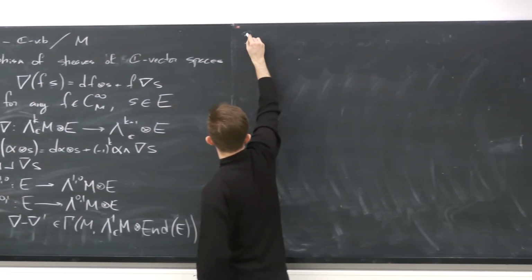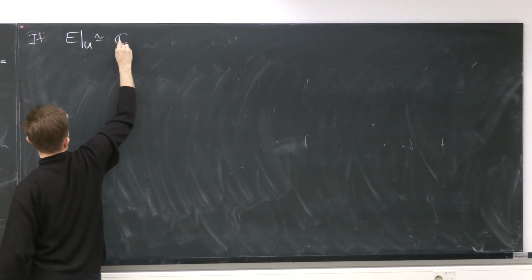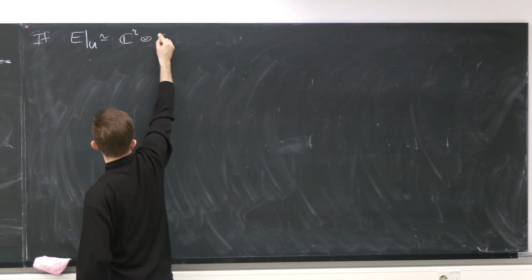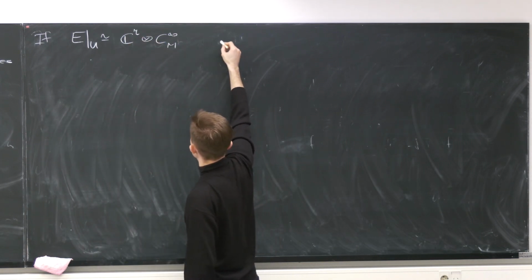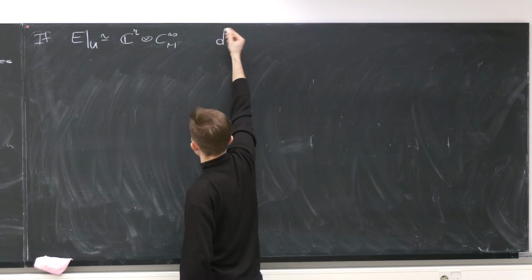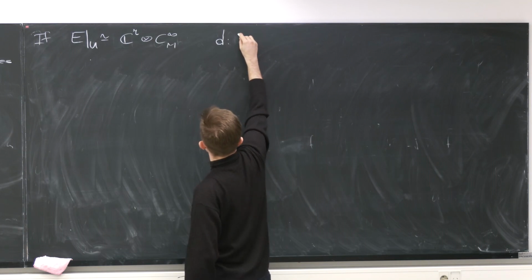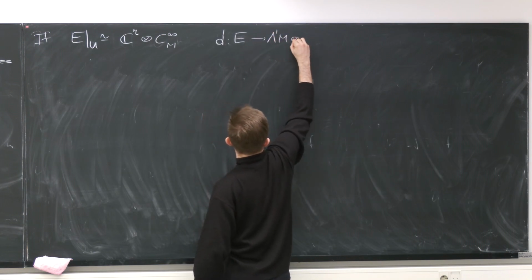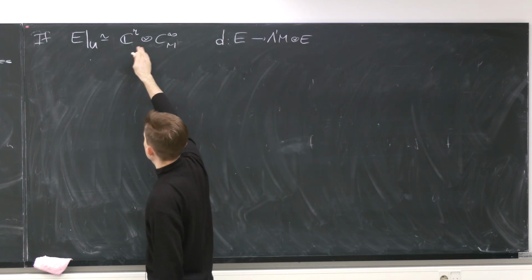So if E restricted to U is trivial, so this is just R^r vector space tensor product with the sheaf of C infinity functions, then the d is a connection here. By d here I mean just the differential applied to each of the coordinates.